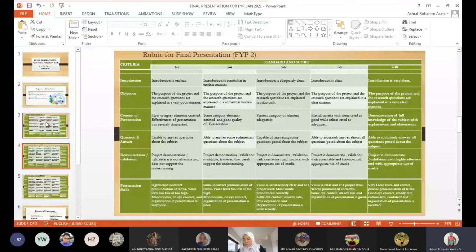The criteria start with the introduction, then you go through the objectives. If you have two objectives, please state both, and if three, state all three. Then the content of the presentation, and Q&A.